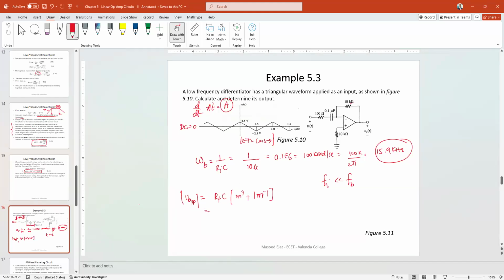So RF times C: 10 times 0.1, so 1, and micro and kilo is going to be milli. So 1 milli, 1 exponent -3.